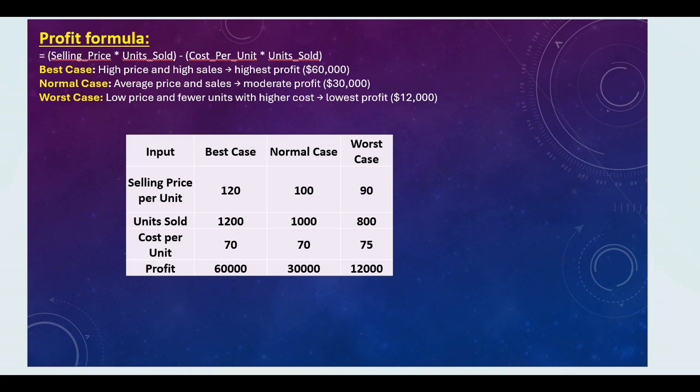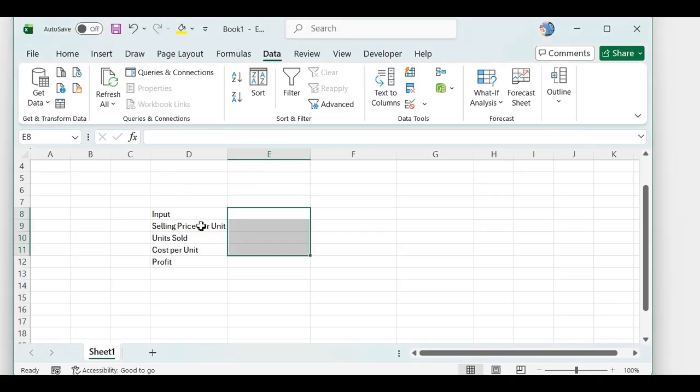Here we have three cases: best case, normal case, and worst case. I am taking the inputs selling price per unit, units sold, and cost per unit, and finding the profit with a formula.